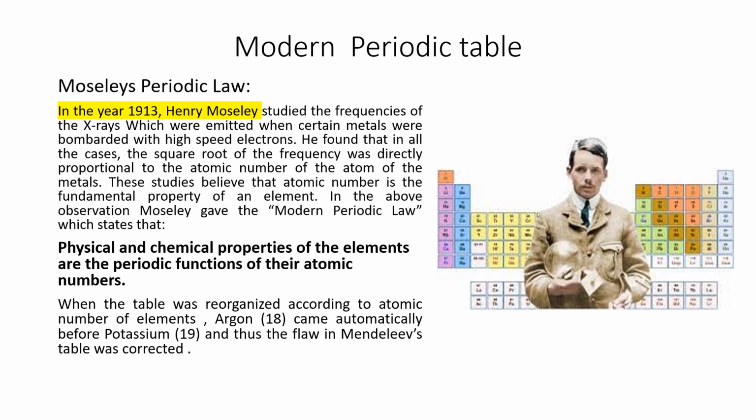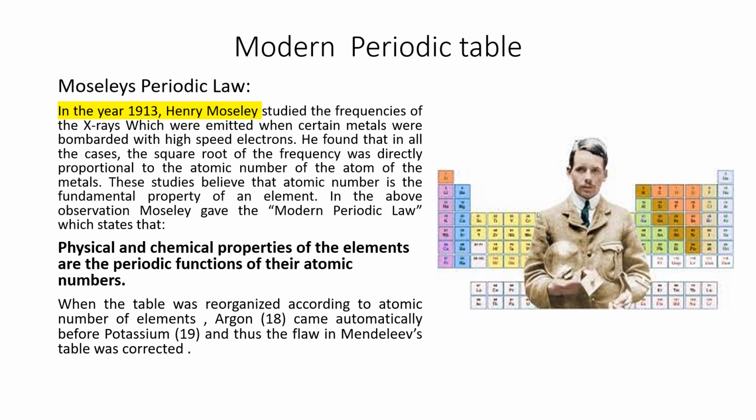In the year 1913, Henry Moseley studied the frequencies of the X-rays which were emitted when certain metals were bombarded with high-speed electrons. He found that in all the cases, the square root of the frequency was directly proportional to the atomic number of the atom of the metals. These studies showed that atomic number is the fundamental property of an element.